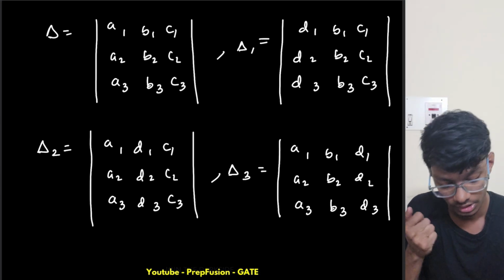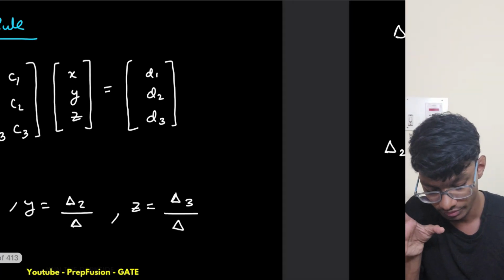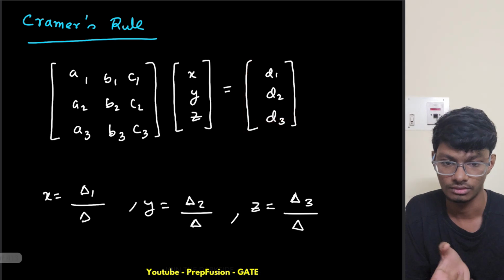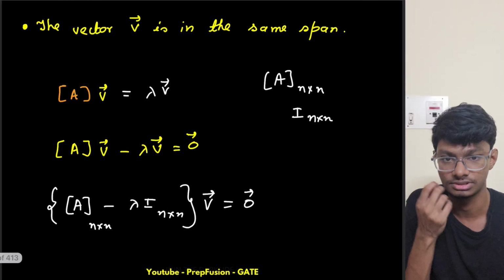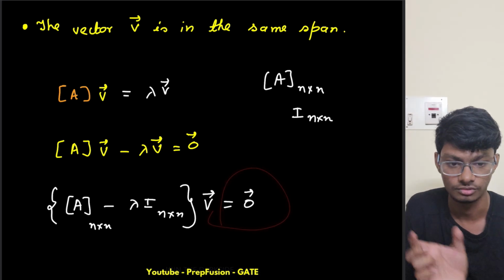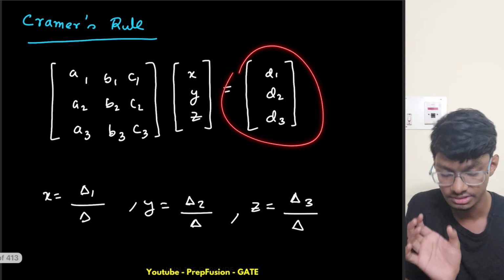So this is Cramer's rule when the right hand side is non-zero. But in our case, what is easier is that the right hand side is 0, so I will put the right hand side as 0.